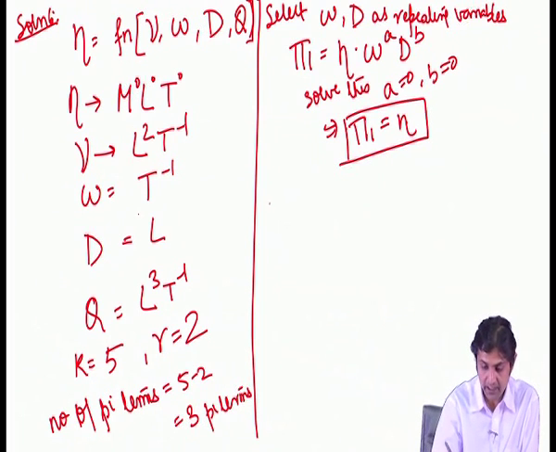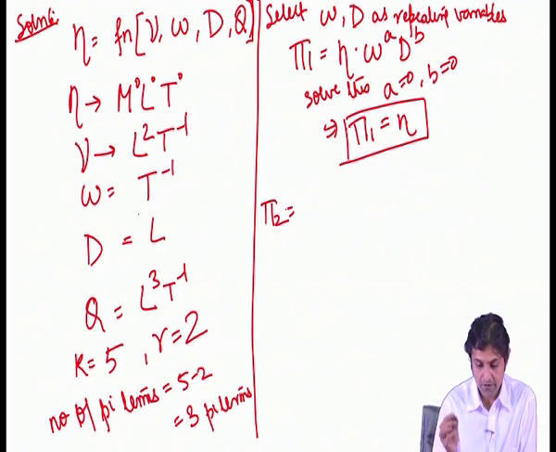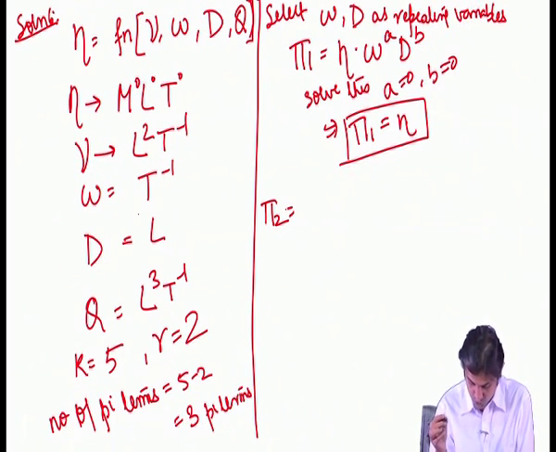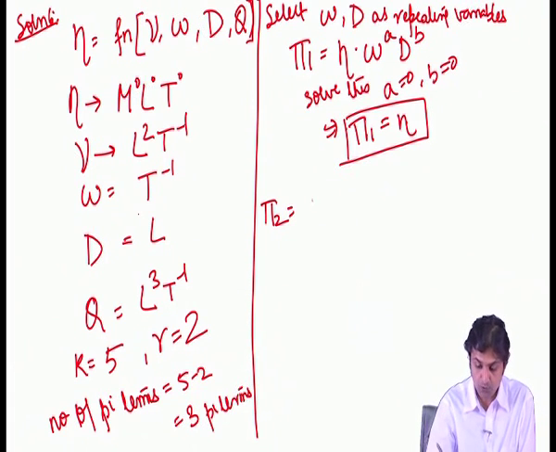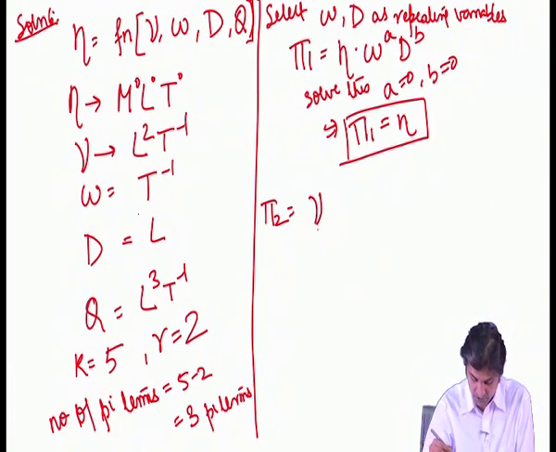Now, the second pi term will be the leftover. So, we can choose the non-repeating variable. One, we have already chosen eta as non-repeating variable. The second will be nu. All right.